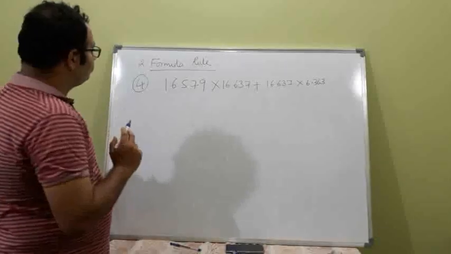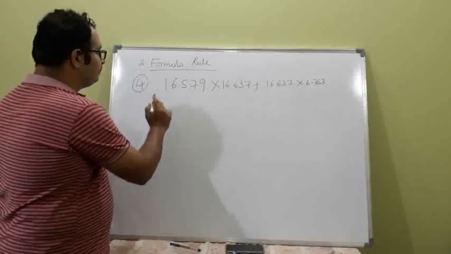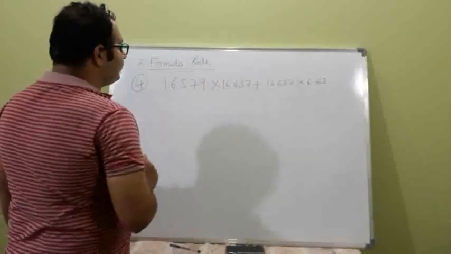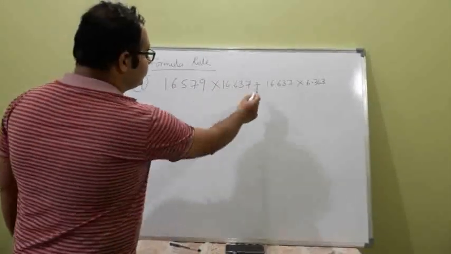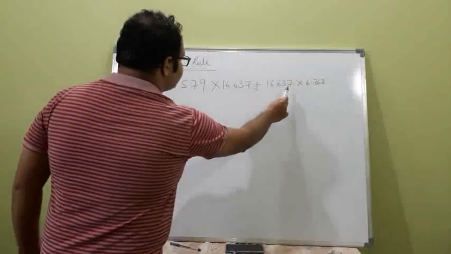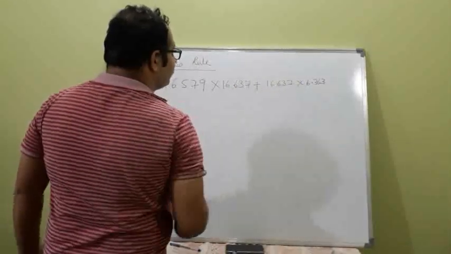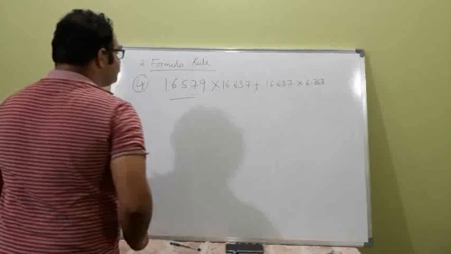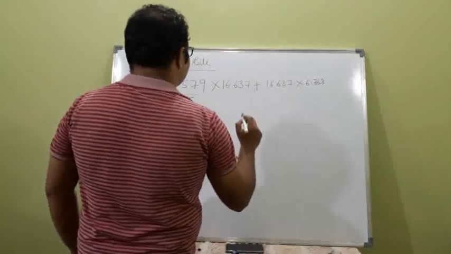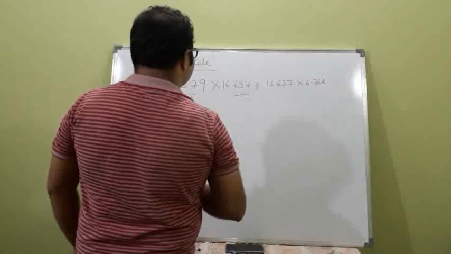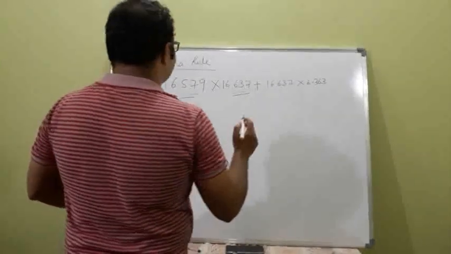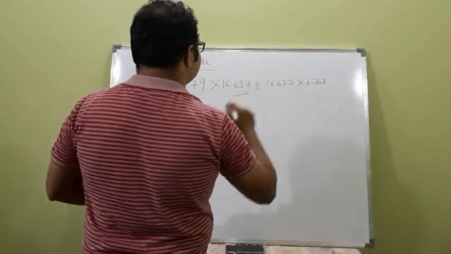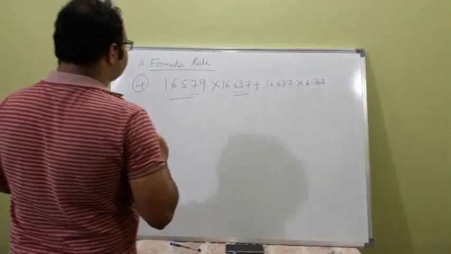Let us consider problem number 4 from the formula rule. 16.579 into 16.637 plus 16.637 into 6.363. Just observe the thing. Here a is 16.579, b is 16.637 and again here 16.637 and 6.363.